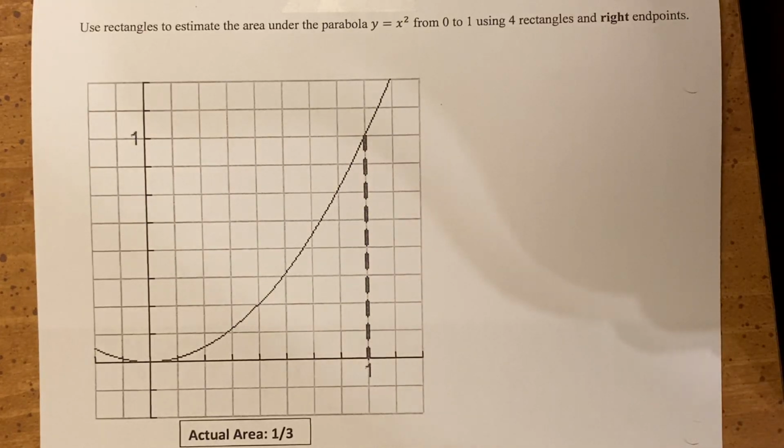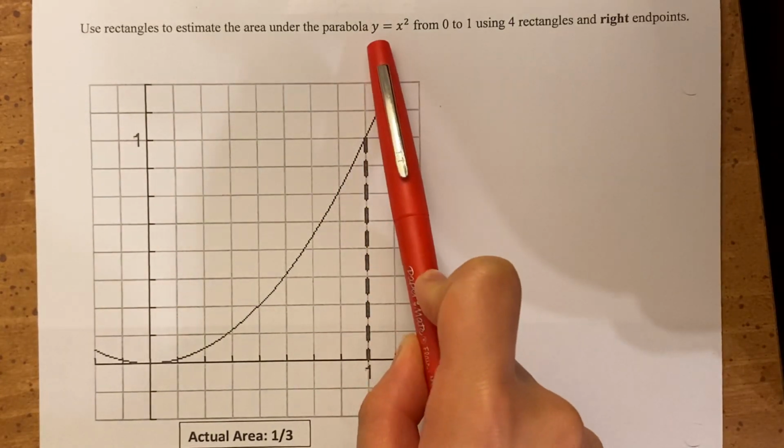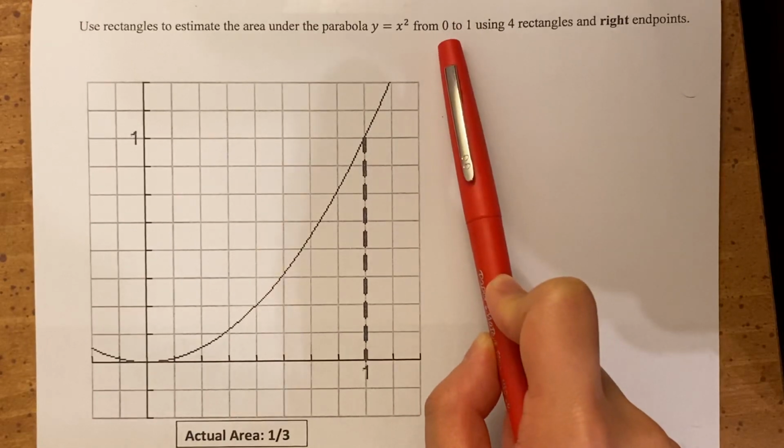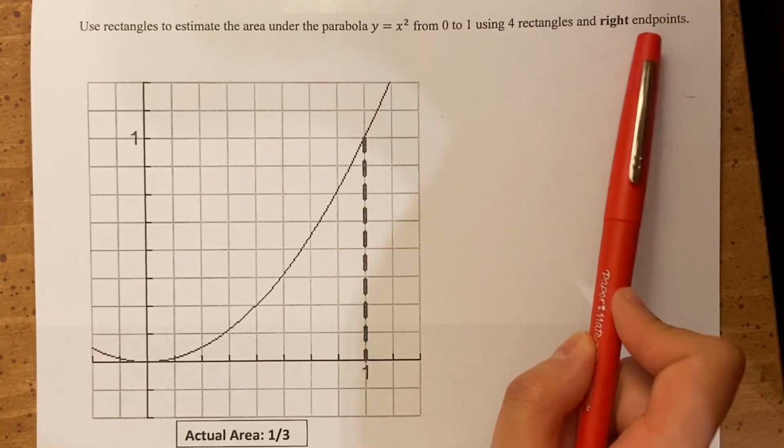Hi everyone. So today we're going to be going over an example of how to use rectangles to estimate the area under a curve. In this example, our curve is a parabola, y equals x squared, from 0 to 1. And we want to use 4 rectangles and right endpoints.